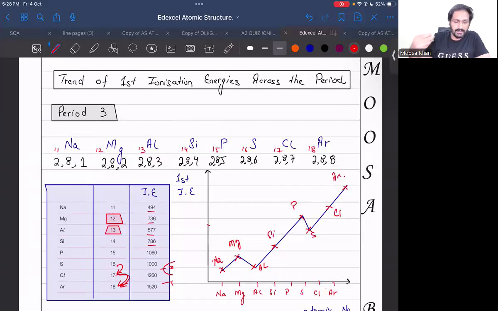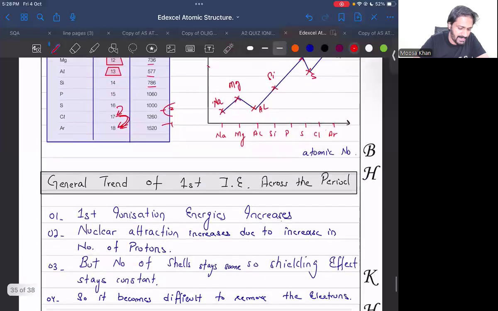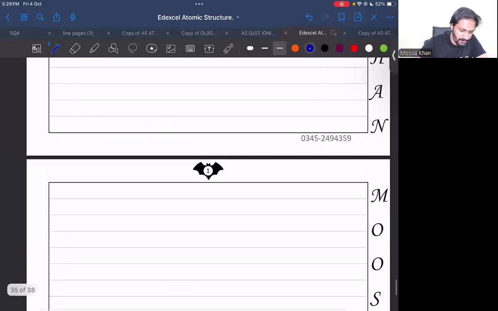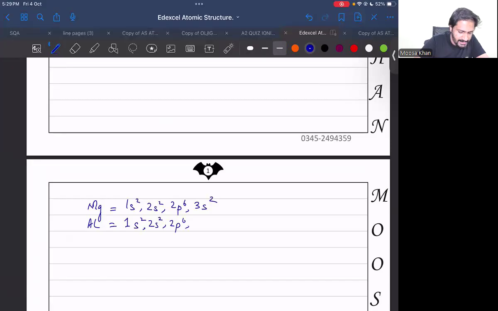But there is a slight increase in shielding in aluminum as compared to magnesium. Because if we compare the electronic configuration, magnesium's is 1s2, 2s2, 2p6, 3s2. For aluminum, it is 1s2, 2s2, 2p6, 3s2, 3p1, right?